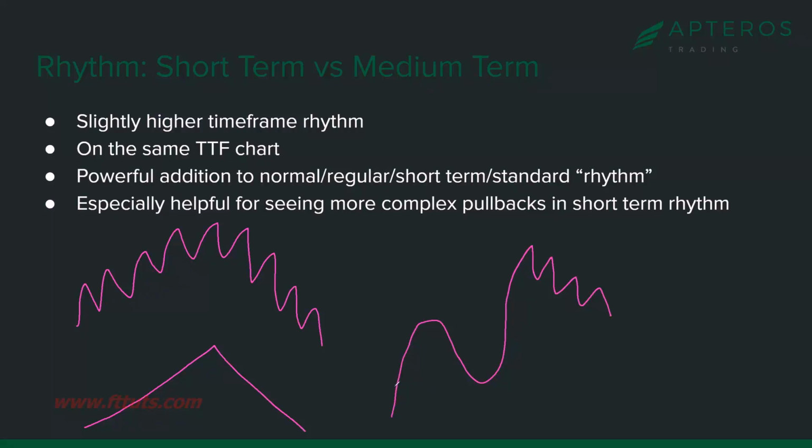So we're still aware that things are looking pretty symmetrical here, right? By smoothing things out in terms of rhythm. But when we see more complex pullbacks like I'm describing here, multiple legs pulling back in a row sequentially, shifting to that more medium-term rhythm is a really, really key skill set.